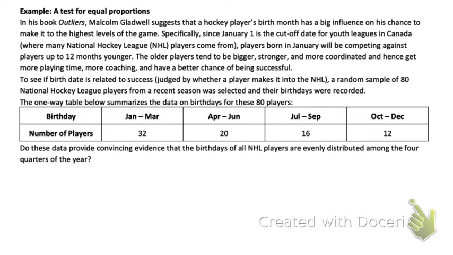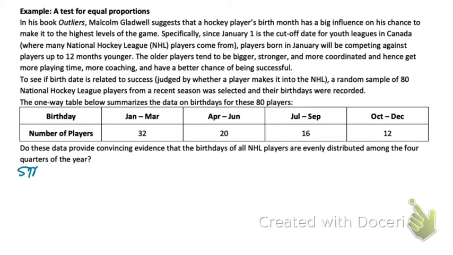We should have expected 20 in each category. 80 people were selected, so we should have expected 20 in each of these categories. Obviously, you can see that that did not happen. So we're going to see if there is a statistically significant difference, or is it just a little bit of a difference? That's what we're going to test.